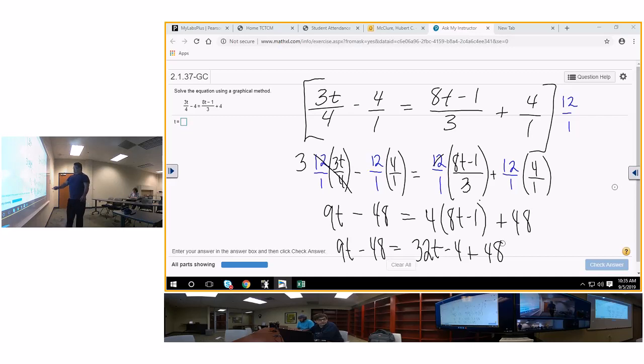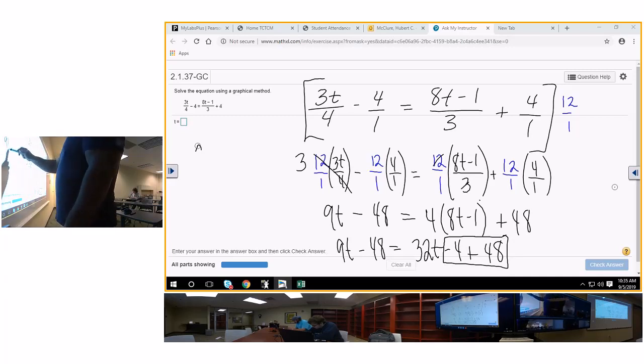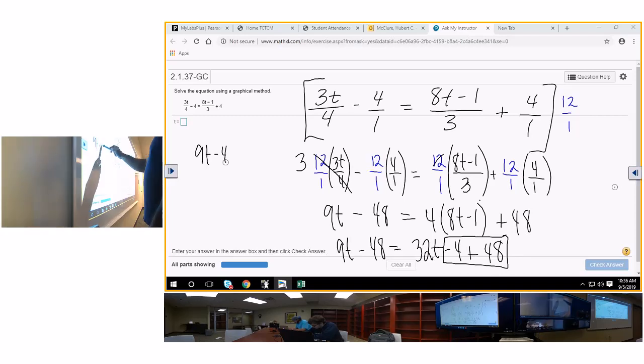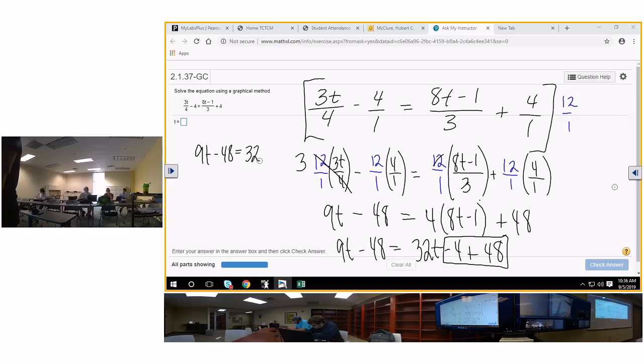And I'm going to go ahead and multiply those two. That's going to be negative 4 plus 48 is 44. So that's going to give me 9t minus 48 is equal to 32t plus 44. I'm going to bring the 9t over.